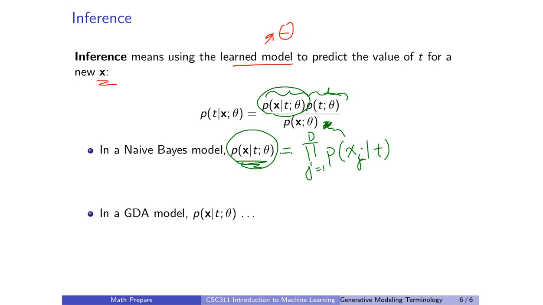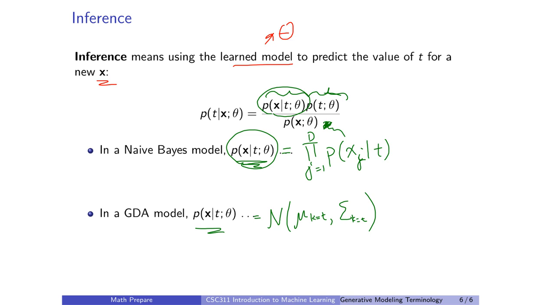And in a Gaussian discriminant analysis model, this probability is some normal distribution. You can write down the normal PDF as well, with some mean mu k equals t and sigma k equals t as well.